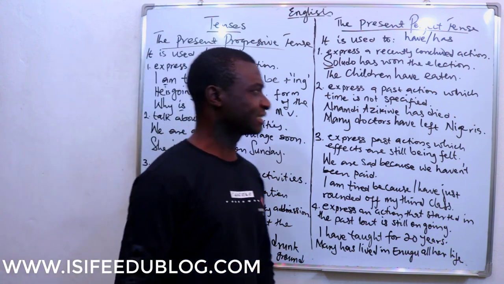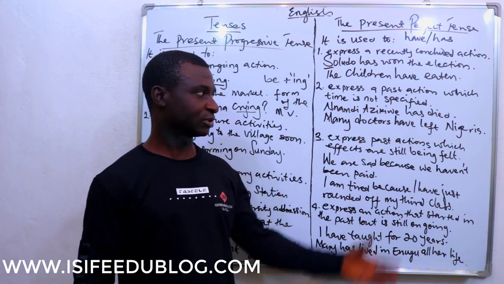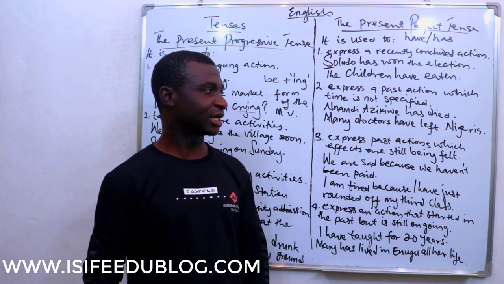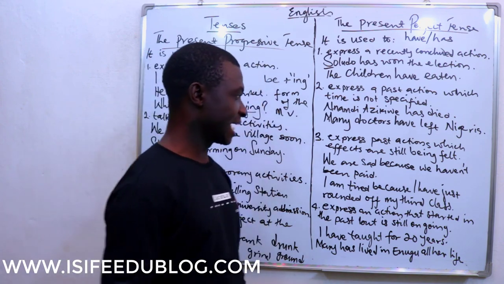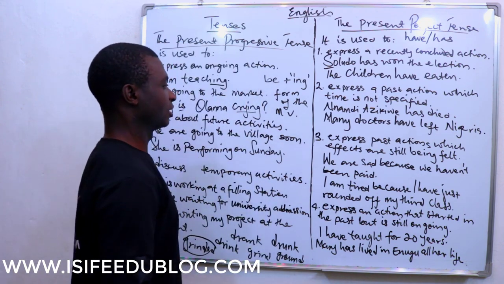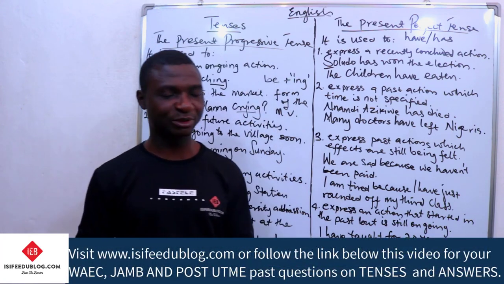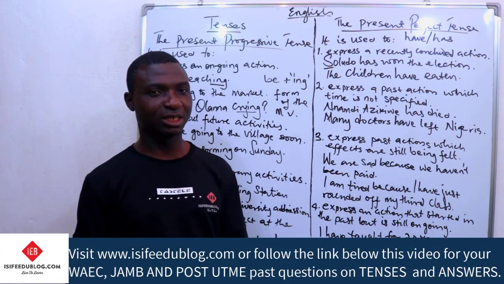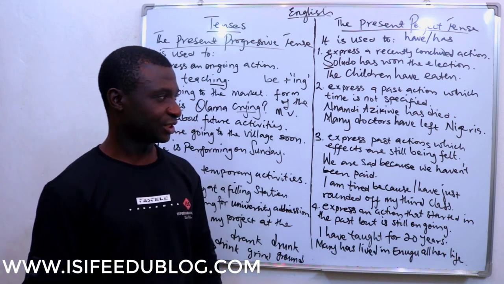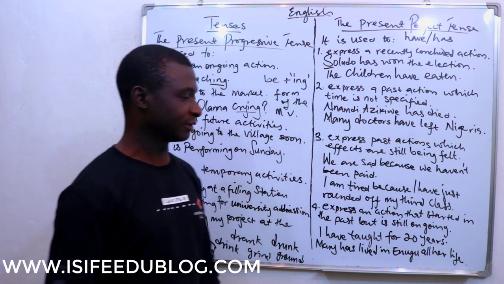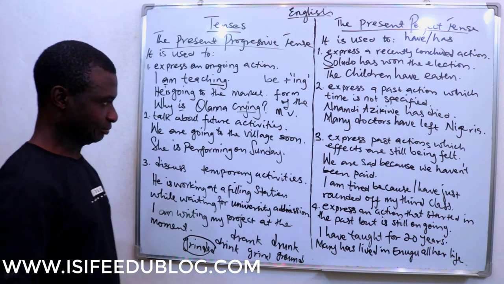But if the time is not given, irrespective of when it happened, use the present perfect form. Many doctors have left Nigeria. The time is not specific, but a whole lot of doctors have left Nigeria in search of greener pasture elsewhere.